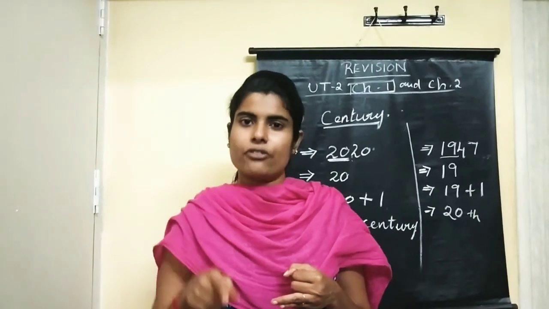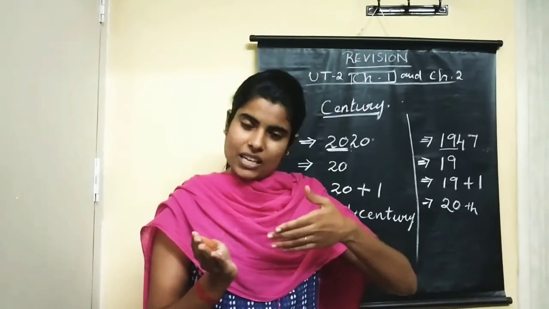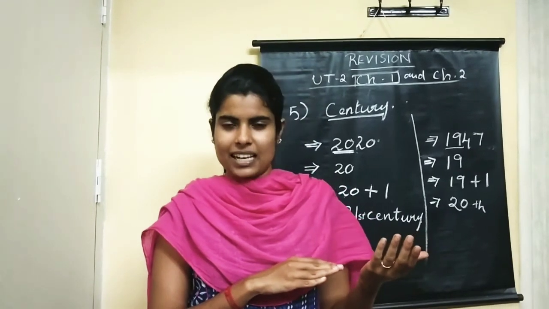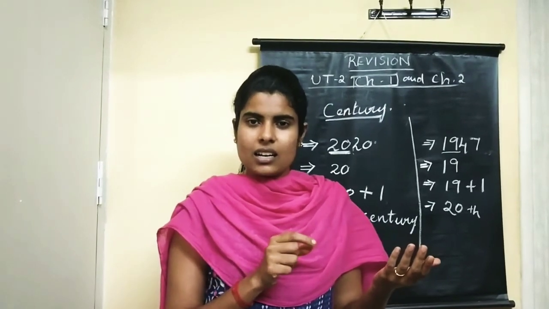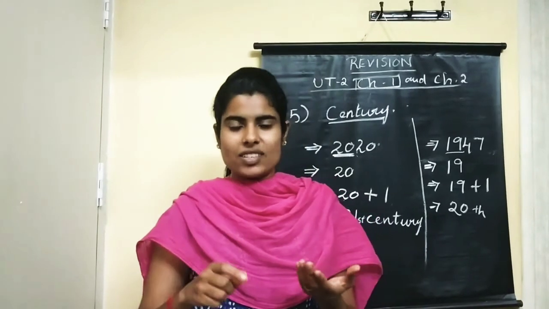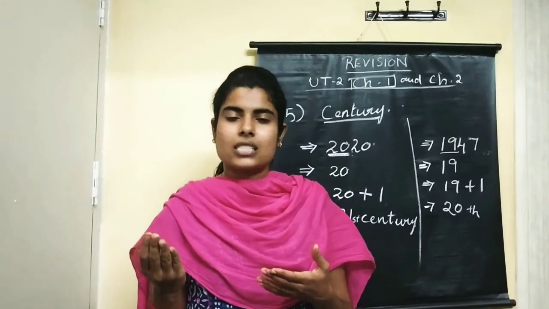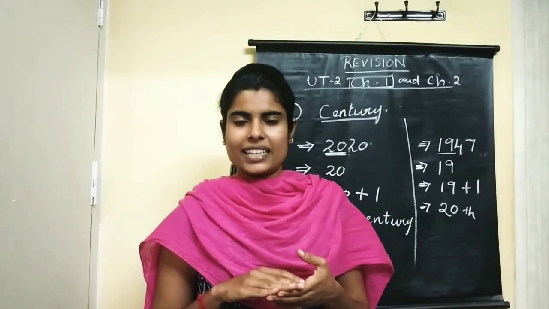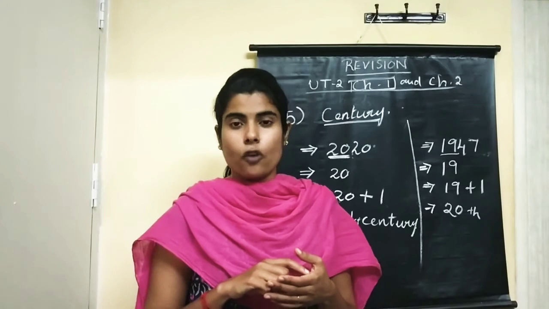The events that occurred before his birth, we call as before common era or before Christ, and the years are counted backwards. The events which occurred after his birth, we call as common era CE or Anno Domini AD, and here we are counting forwards.